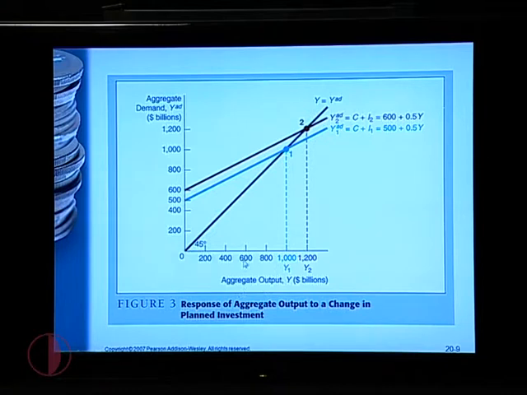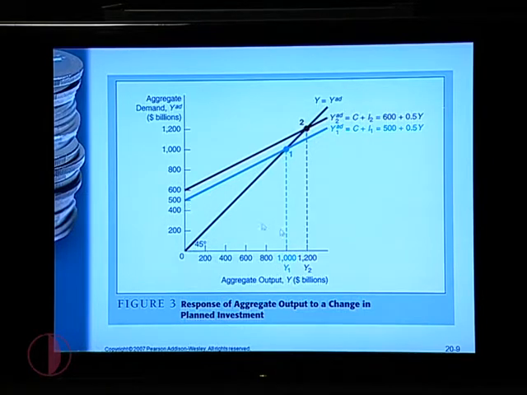So now we are trying to see the response of aggregate output to a change in planned investment. Initially it was 500, but it was 600 after the increase from 1 to 2.